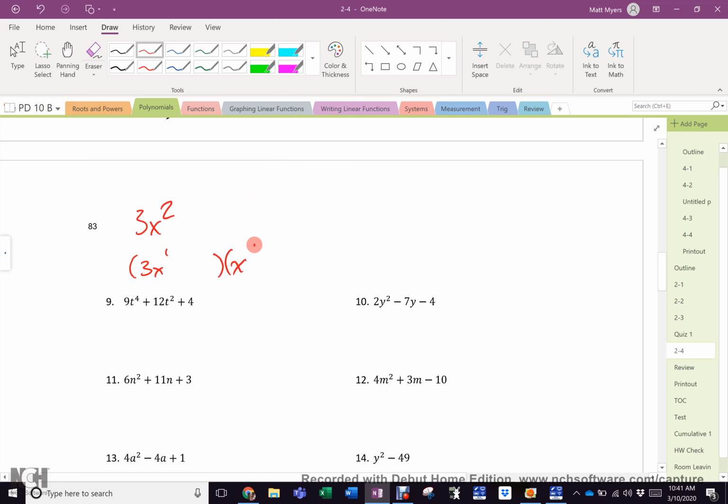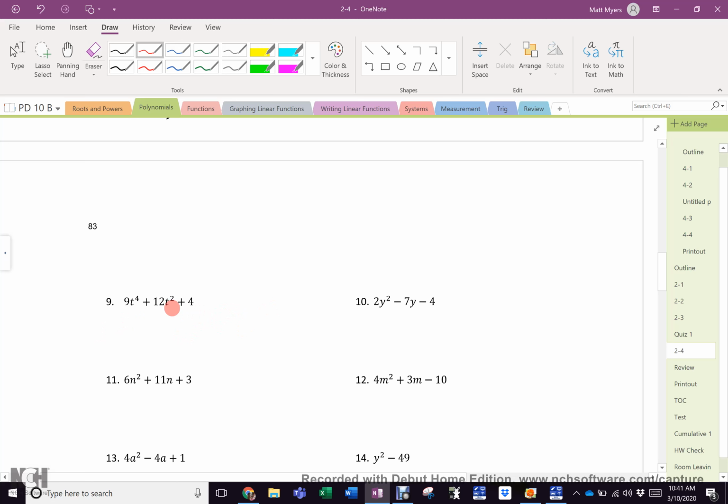Because x to the 1 and x to the 1 gets me x squared. So logically, what is the only difference here? My first answer is going to be something t squared and something t squared. That's the only difference, right? Even though it looks different, you already knew how to do it. So, what method do we want there?